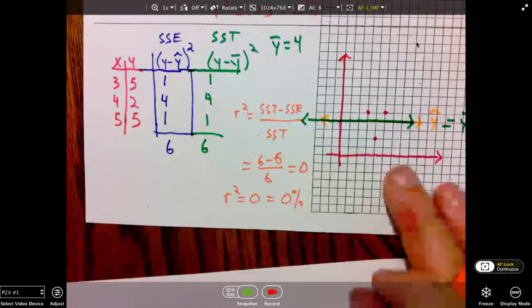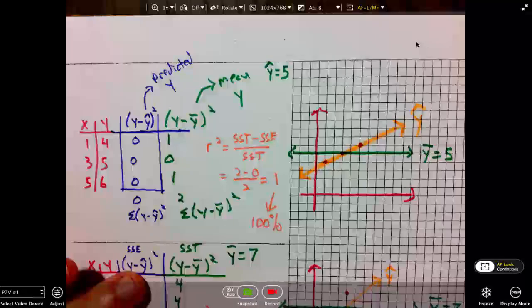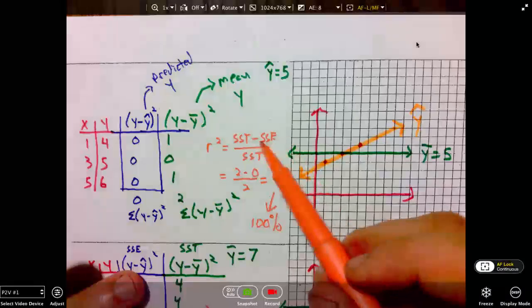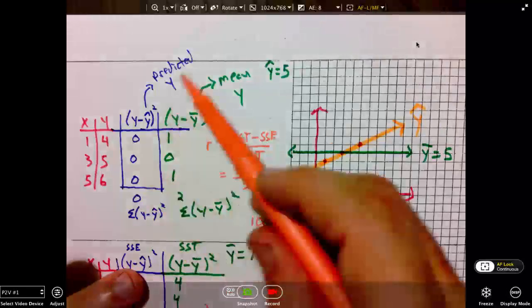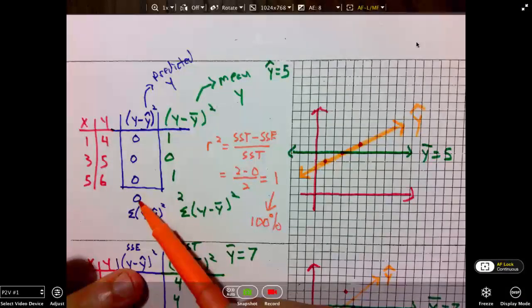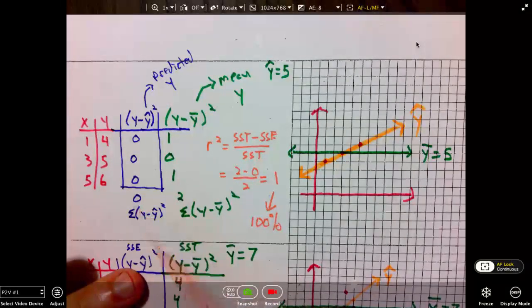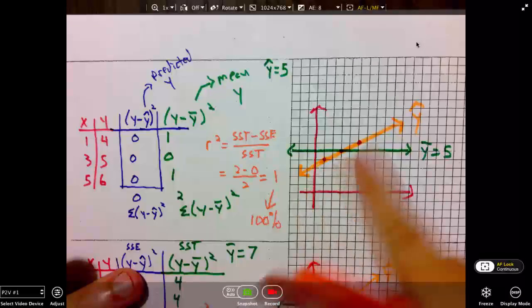If we look at the top and bottom, I think it provides the best illumination of what r squared is. In the top case, there was no error in the prediction. Since there was no error in the prediction, our model was 100% effective. The points fell right on the predicted line.